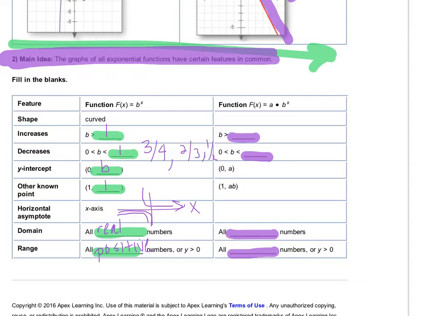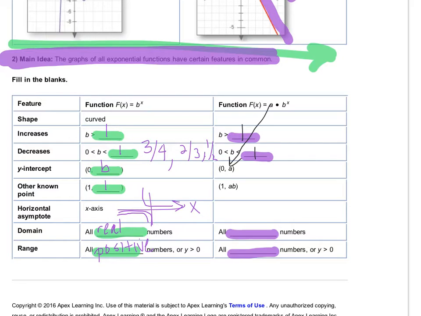Okay, and so for the function f of x is equal to a times b to the x power, b is going to be all values greater than 1, and all values where b is greater than 0 but less than 1. The y-intercept is going to be wherever 0, a is located, and you'll be able to determine that when you look at an equation.